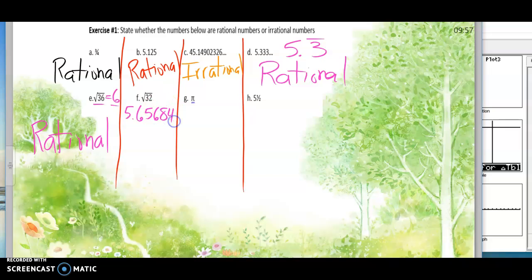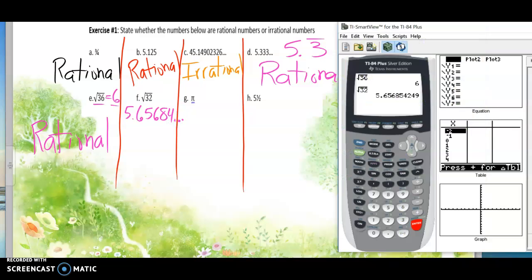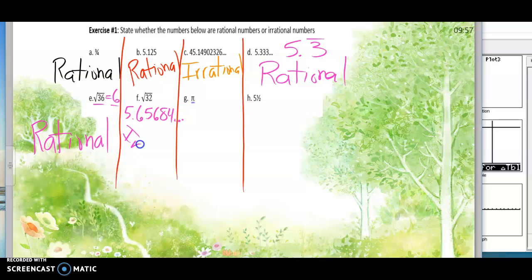And you can see that the calculator just kept going, okay? Now, it doesn't end. I know it may look like it ends here, but that's just the calculator running out of room. It cannot provide any more digits for us. So because we've got a never-ending decimal, it's another one of those irrational numbers that just won't stop. Just keeps going and going.